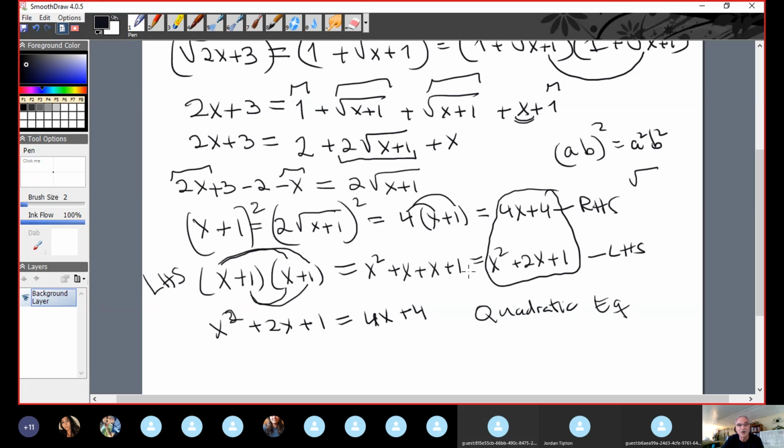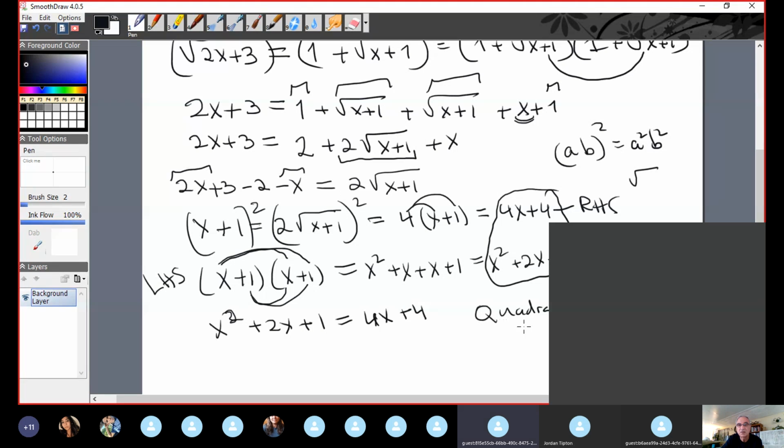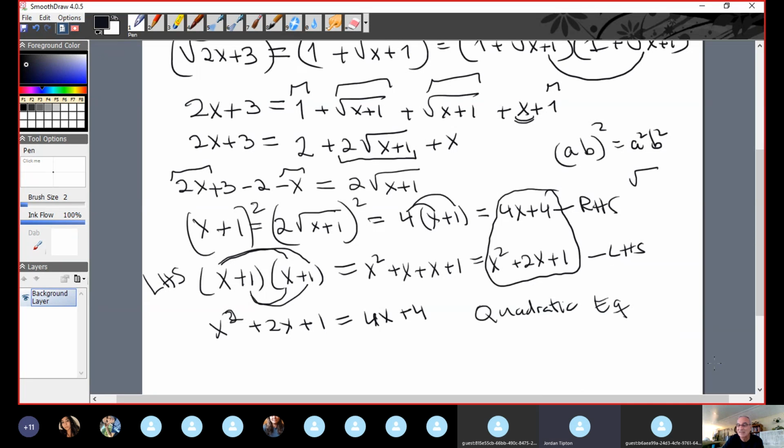Okay. Now what should I do to solve this equation? Formula? Bueno, before that. You gotta move it all to the left side and make it equal to zero. Eso, bueno, express in standard form. Move everything to the left.